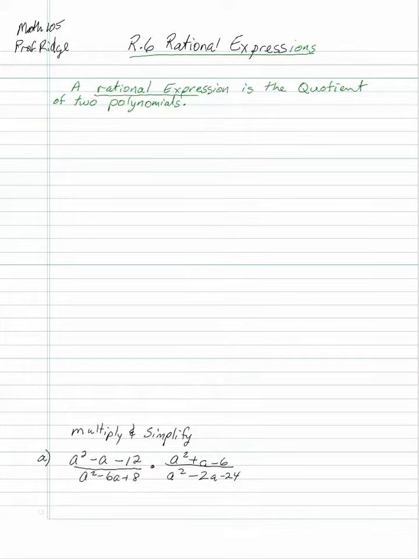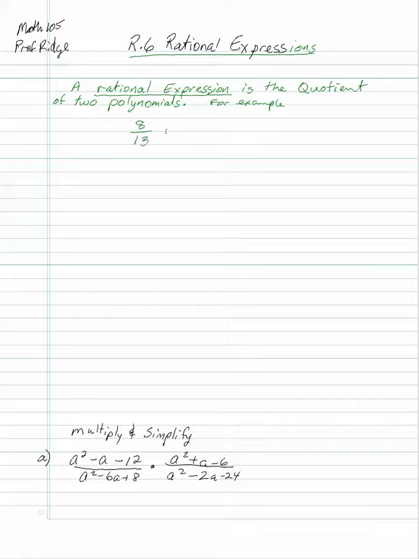So a rational expression is the quotient of two polynomials. For example, you can have something simple as a fraction, because basically two constant polynomials, like 8/13.